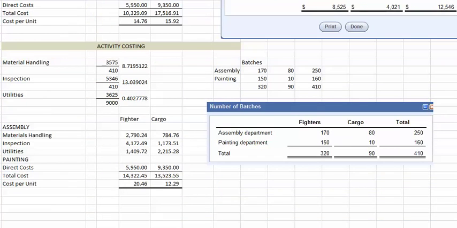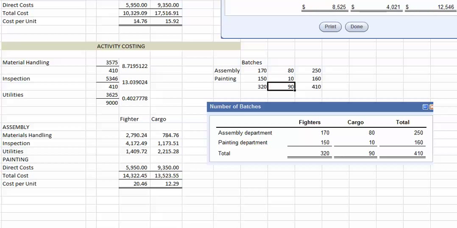So we calculate our predetermined overhead rates, then we allocate them. For material handling, it's simply the 320 batches multiplied by our 8.72.